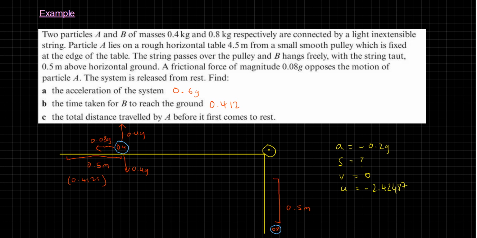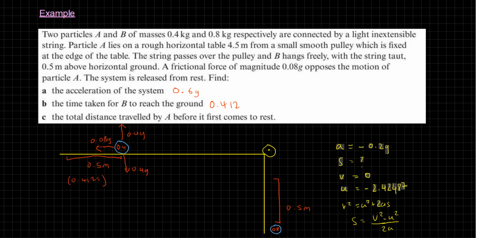The final speed is going to be 0. We want to know how far it travels for that to happen, with the deceleration minus 0.2 g. Then we use a formula appropriate to the case. Let's go for v squared equals u squared plus 2as. Therefore s equals v squared minus u squared all over 2a.